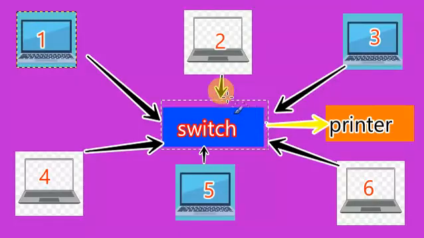So keep in mind that I said a switch is an intelligent device relative to another device called a hub. This switch will send data to the specific target. So if one sends data to the switch and tells the switch to send it to 6, the switch will send it to nothing else but computer number 6.